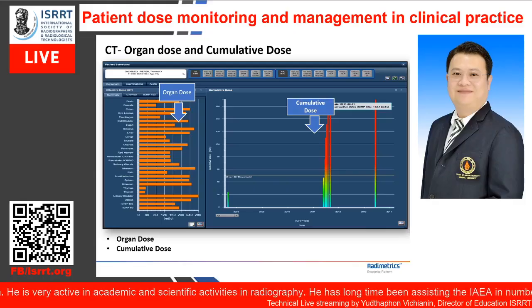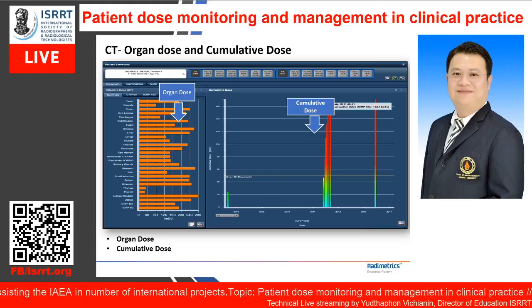So cumulative dose in practice now, what we are doing is that once the cumulative dose of a single person reaches 100 millisievert, which is quite a lot, then you have to go back and do justification again, whether it is really justified or not to do more CT scans or other X-ray investigations.